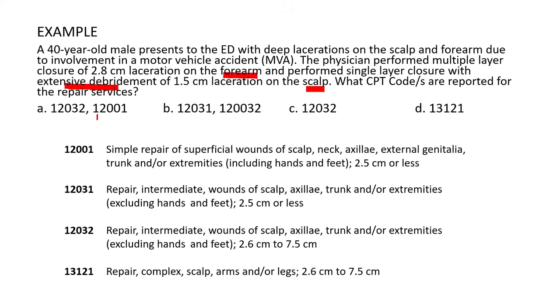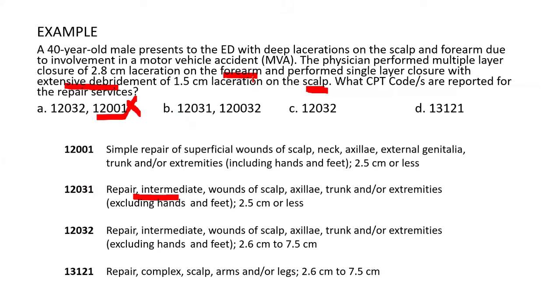In the first option, there's a simple repair code. Here in this example, no simple repair is performed, so option A is incorrect. As we move on to the next option, the first code says 12031. 12031 is intermediate repair. Definitely, intermediate repairs are performed, one on the scalp and one on the forearm.